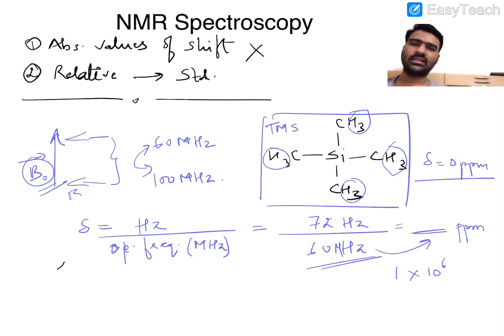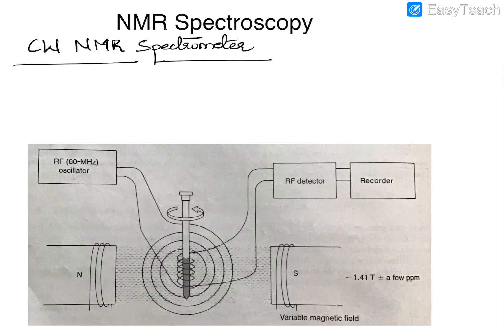So it's arbitrarily assigned that the resonant frequency of TMS be taken as 0, and the shift of a certain nucleus in a certain sample be measured with respect to the deviation it holds from the 0 ppm value, which is marked by the TMS as an internal standard.